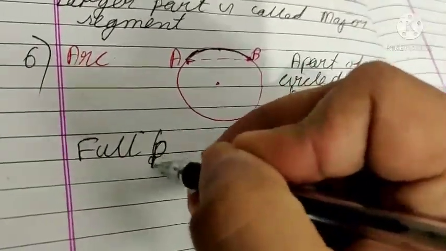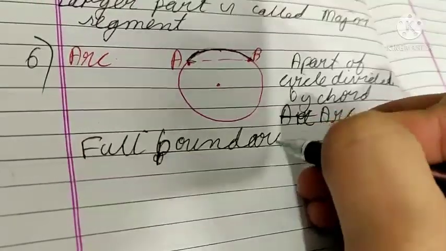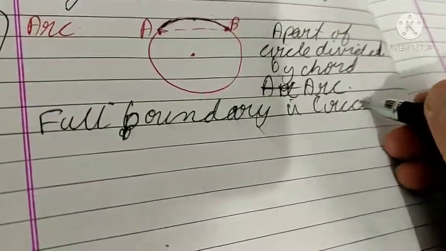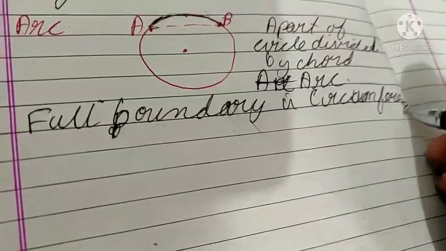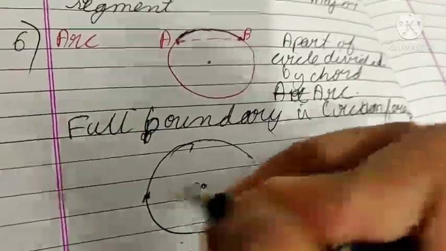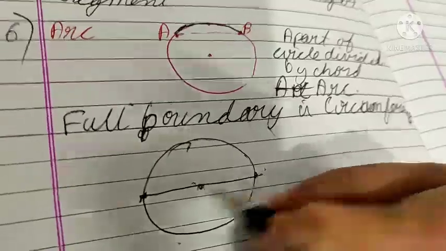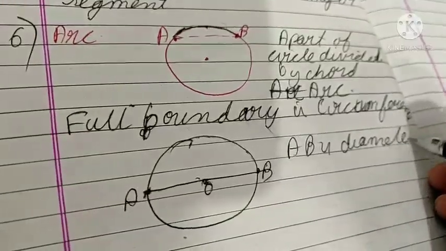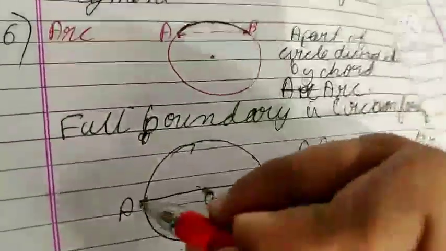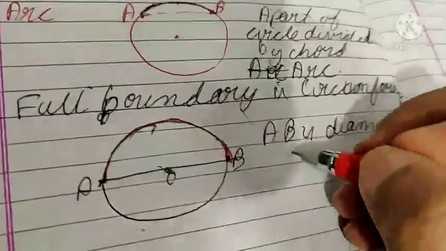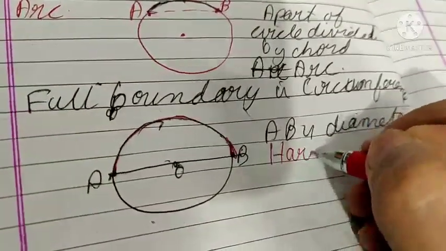If we take this full boundary, this complete circle, it is the circumference. And if these are A, O, B, where AB is the diameter, then this region is a semicircle, half circle.